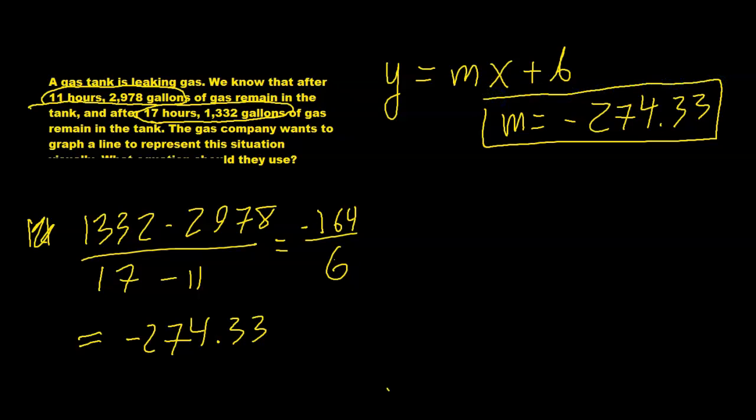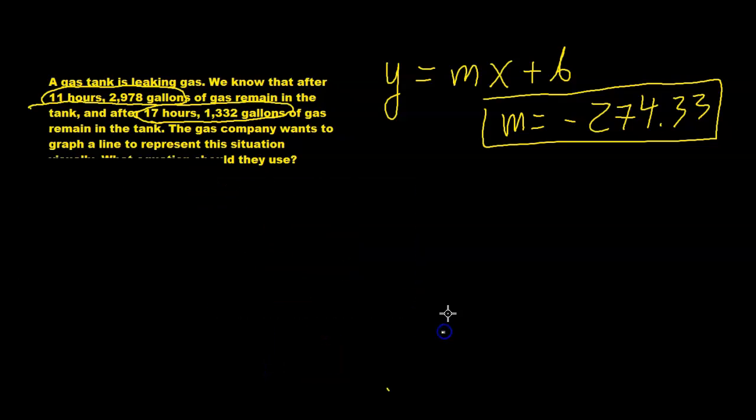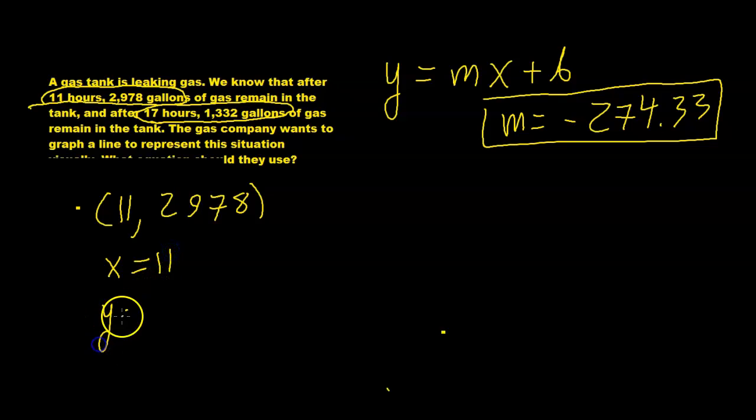So how are we going to find b? Well, we've done this before, haven't we? Now that we know our m, we're going to take one of our data points. Let's take 11, 2,978. So at this data point, x equals 11 and y equals 2,978.